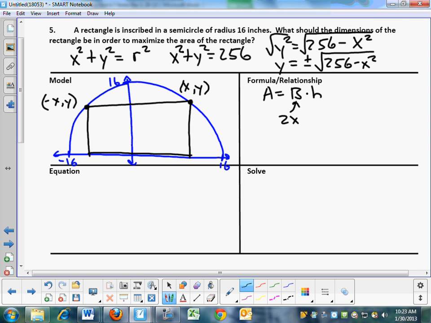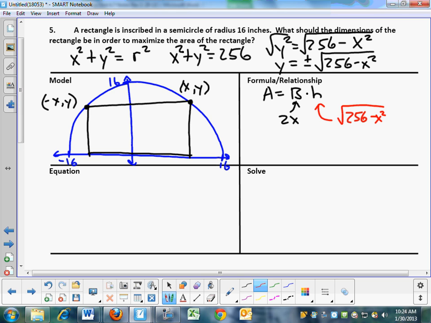If we were to graph those on our calculator, the positive would give us the semicircle on the top, negative would give us the semicircle on the bottom. So let's take this for our height, and we'll plug in the top portion, which is the square root of 256 minus x squared. Yes.